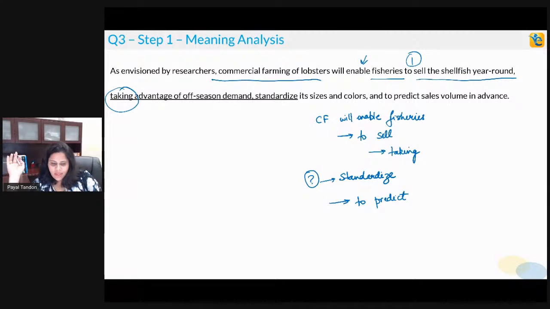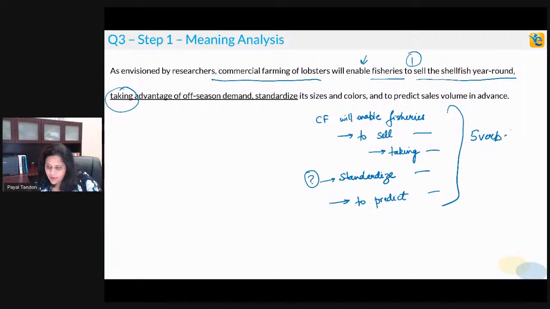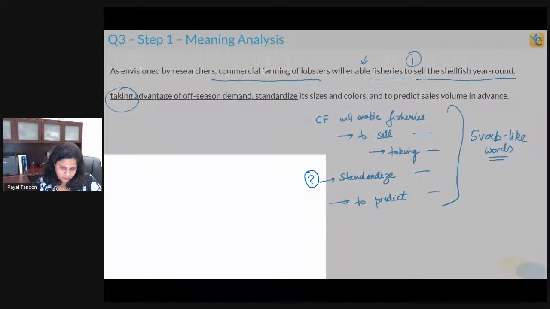Now the key thing over here is you have to understand the linkage between these four entities and this fifth one as well. There are five different verb-like words here, and we need to figure out the interlinkages between them.